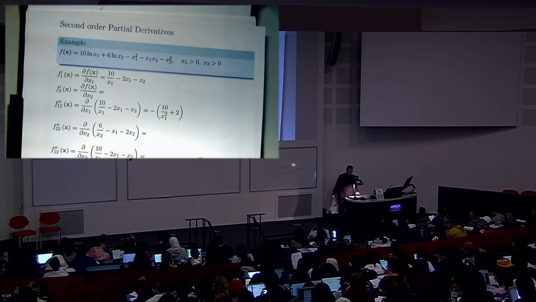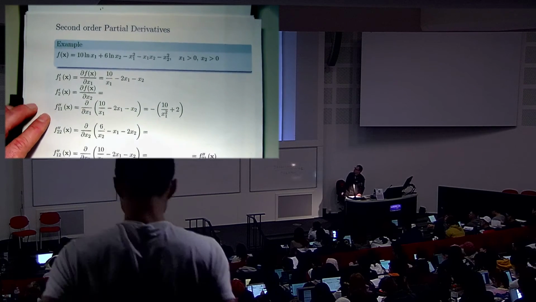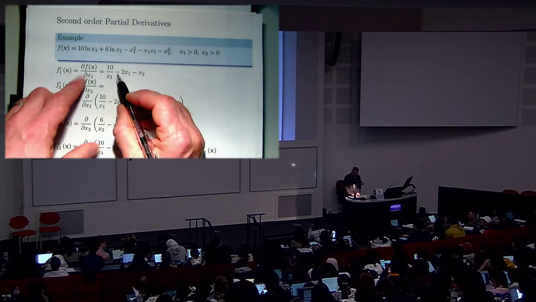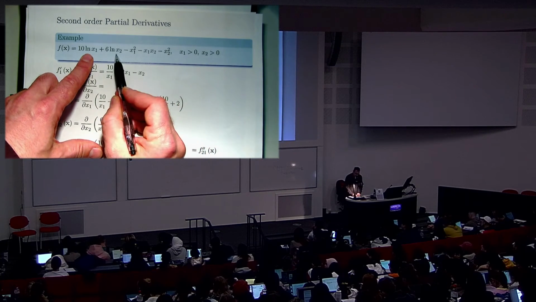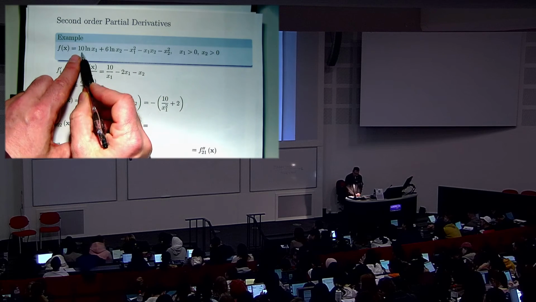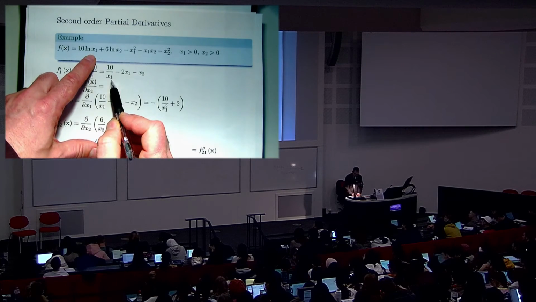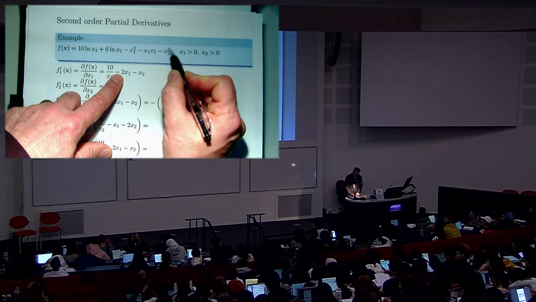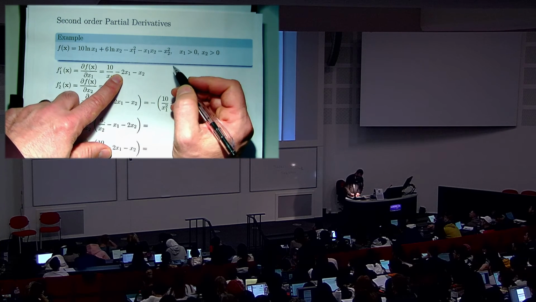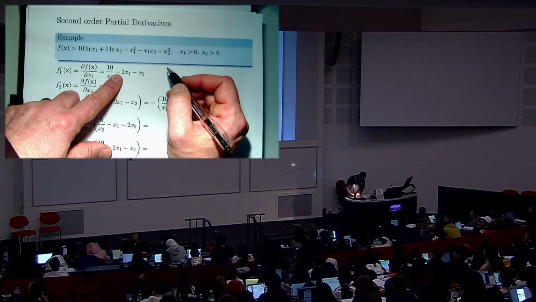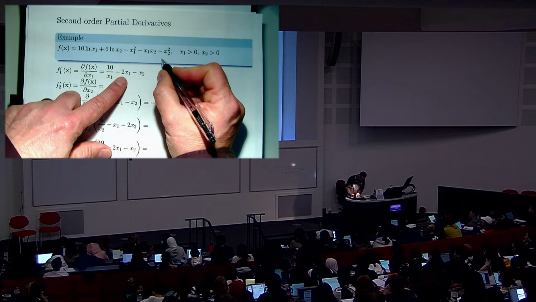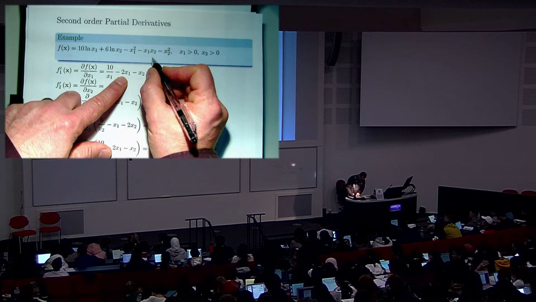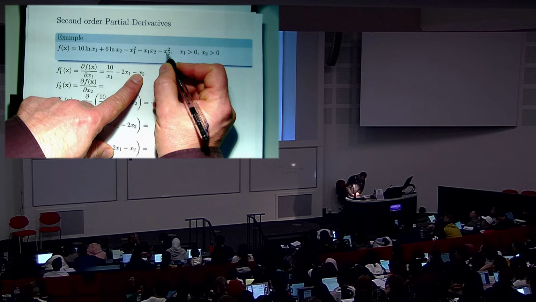Here's an example. Here we have a function. Here's the first order partial derivative. We set all the x2 terms to constant, so we have 10 times 1 over x1, minus 2 times, let me see, am I right? That comes from here.